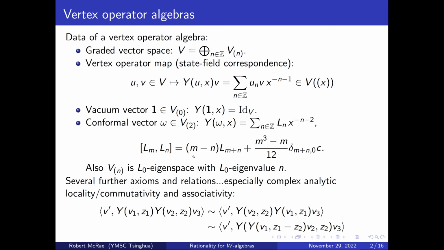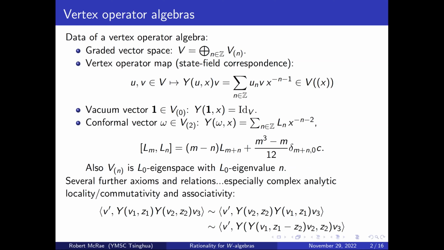The commutators of these operators satisfy the Virasoro Lie algebra relations with some central charge scalar C. And since I mentioned the grading up here, I should say that the degree n space in V is the eigenspace of the L0 operator with eigenvalue n.